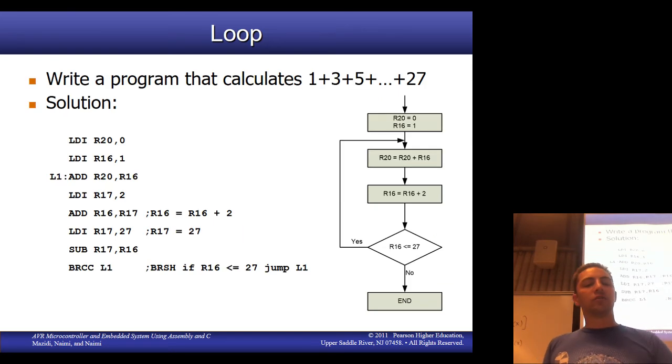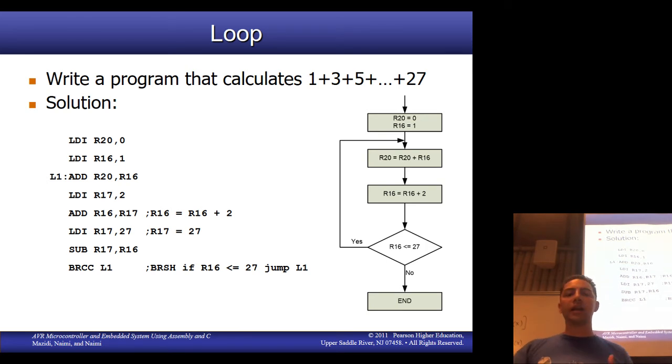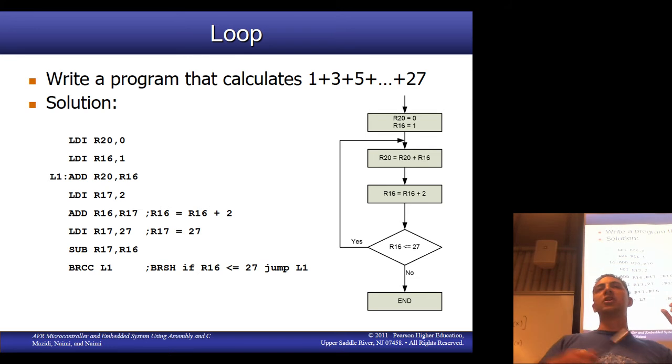Okay, so things can get a little bit more interesting as you build on this. Let's say we want to add the odd numbers between 1 and 27. Sometimes it's not possible to not go down to 0. In this case, the difference in my update and test is the thing I want to call to your attention.